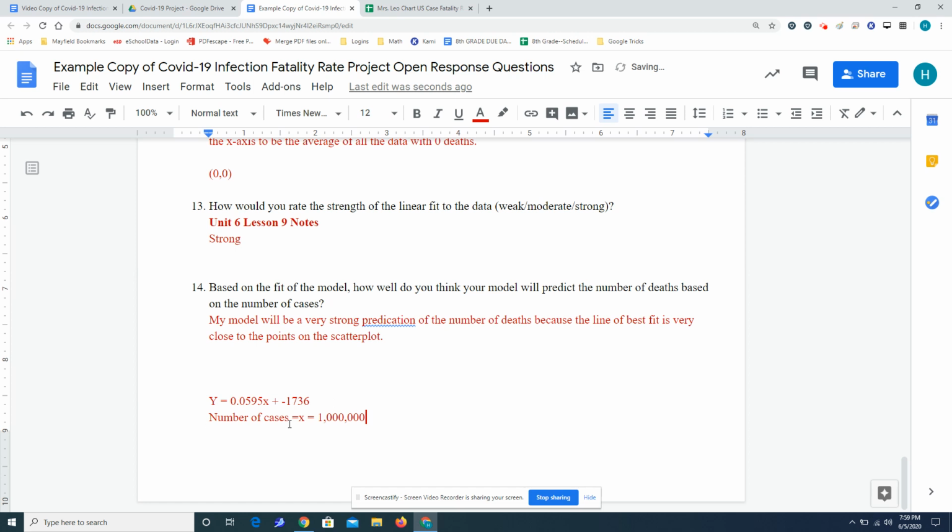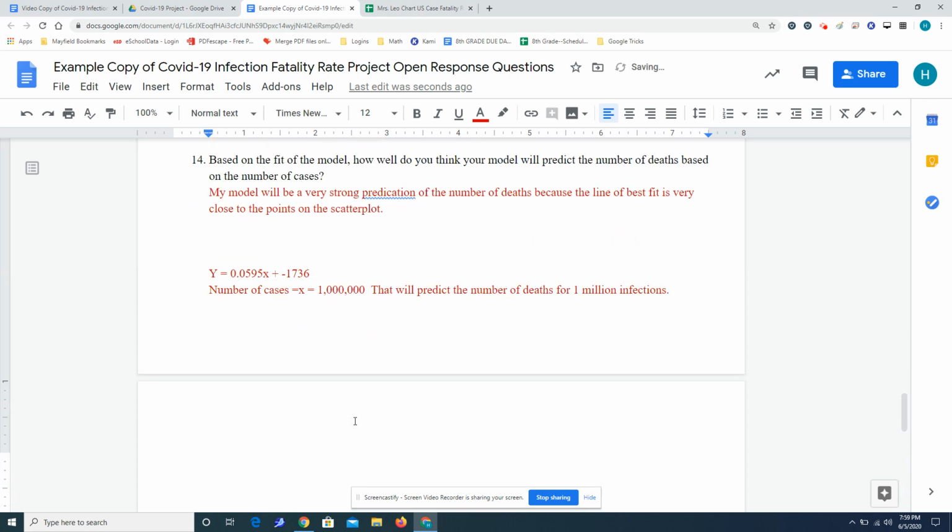So I can take my X, plug it into my equation, and I'll find out, not exactly, but close to the prediction of the number of deaths. Which is what you see going on in the news when they talk about making the predictions and seeing where the hospitals stand.